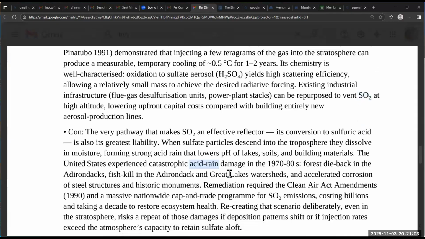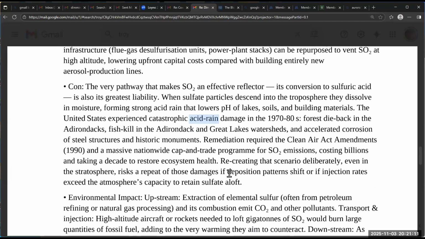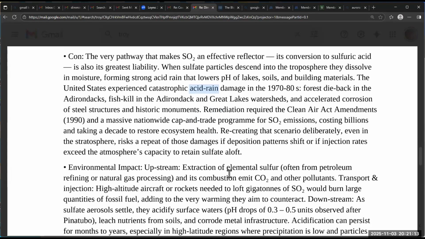And yet sulfur dioxide happens to be the favorite choice of people all over the place, and they just don't know what they're asking for when they try to choose it. It is good at reflecting, and it is a natural thing that's out there, but that doesn't mean it's a good choice. I'll let you read the remaining ones yourselves.